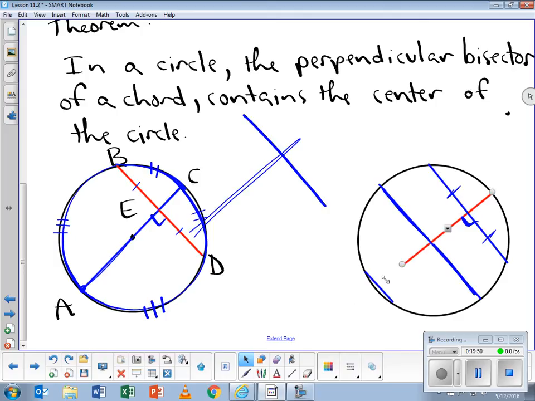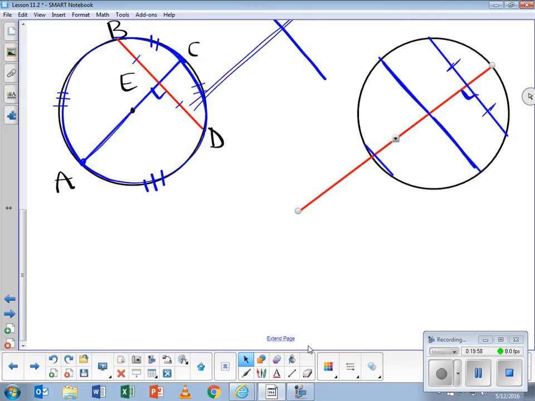It's also possible that it's just a line passing through the circle. So all this theorem is saying is if it's perpendicular and if it cuts into equal pieces, it's got to be passing through the center of the circle.